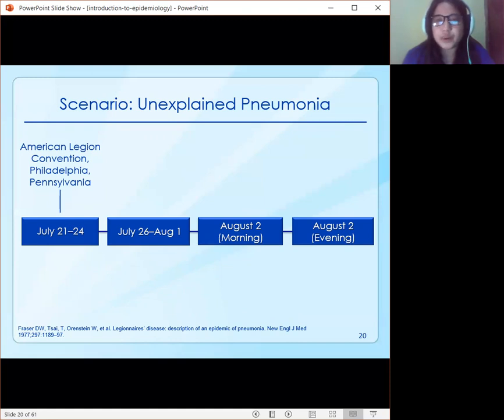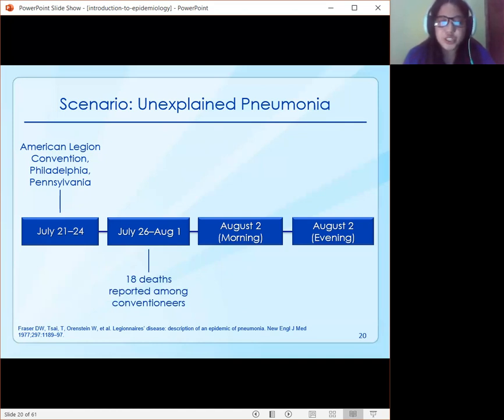Soon after the convention began, a substantial number of attendees were admitted to the hospital and were examined in doctors' offices with acute onset of fever, chills, headaches, dry cough, and muscle pain.